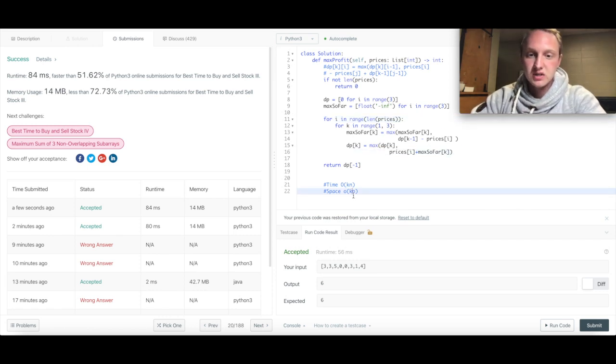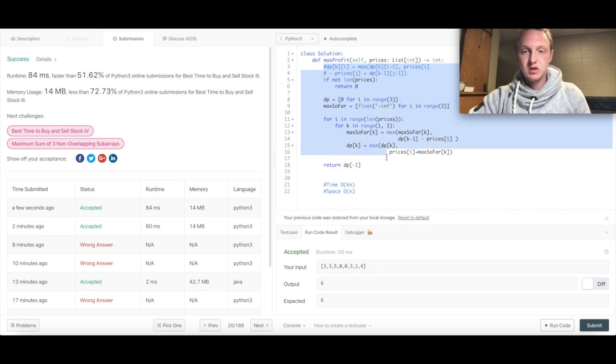So in this case, we optimized our solution to be just space big O of n, and essentially keep in mind this solution. I'm going to copy it.